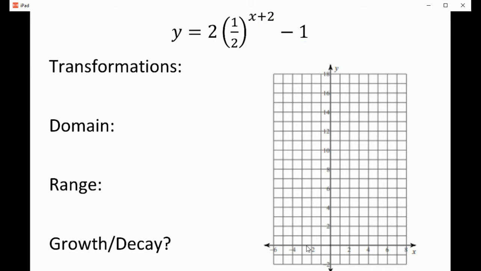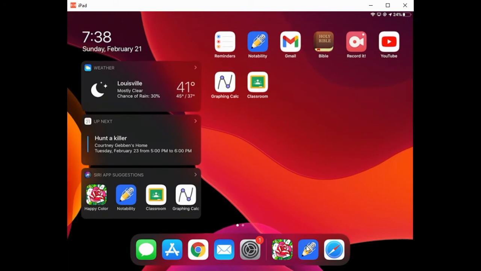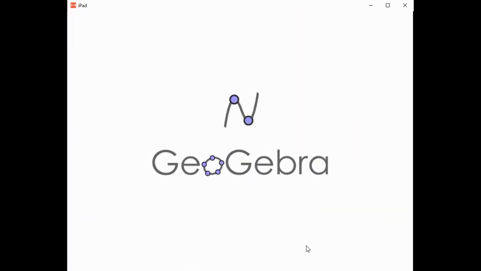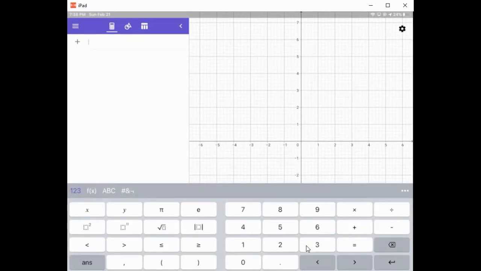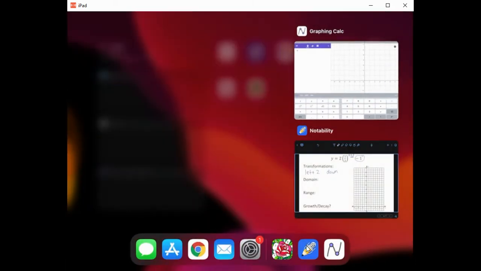So this plus 2 with the x moves it left or right, and it's the opposite of what makes sense. So plus 2 means that it went left 2, and this minus 1 moves it down 1. So to actually graph it, I'm going to suggest that you use GeoGebra.